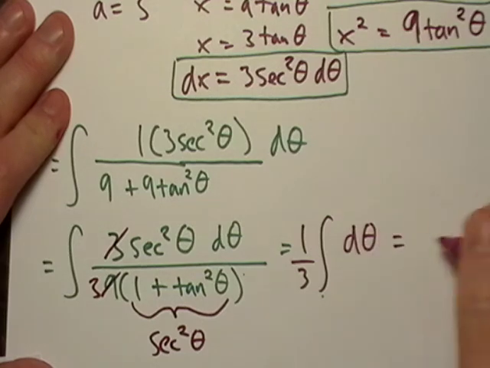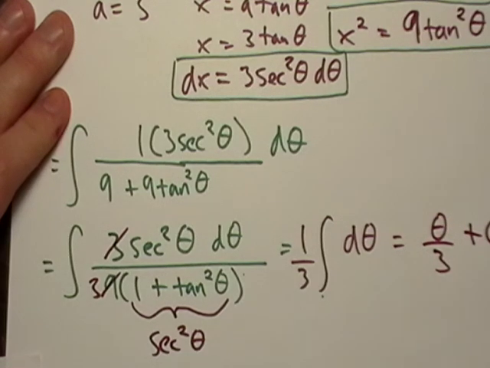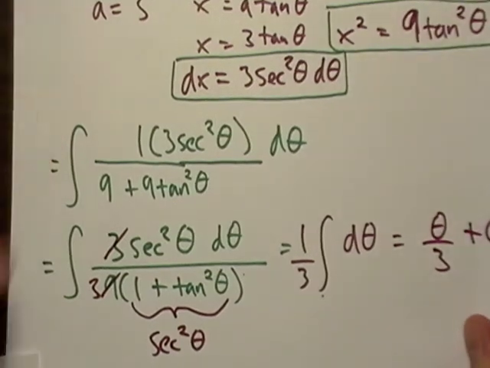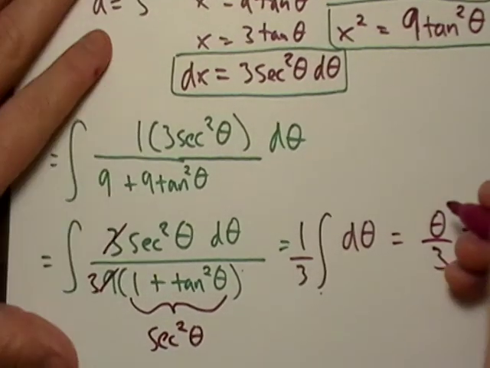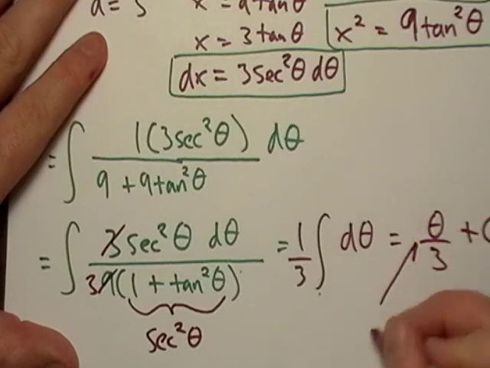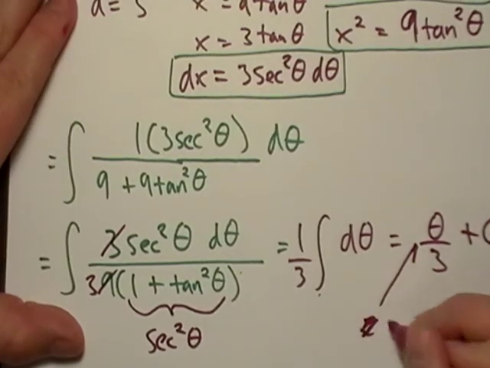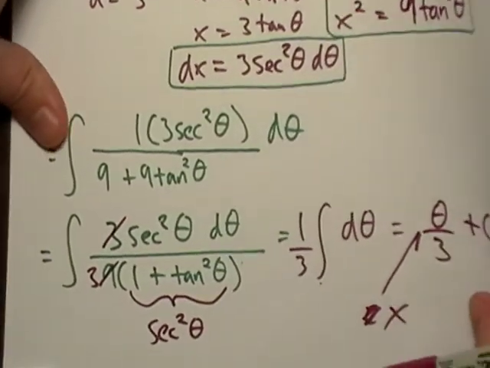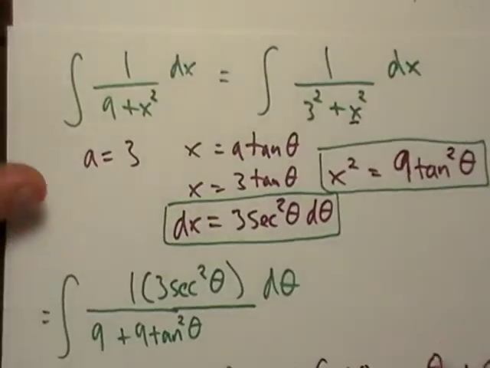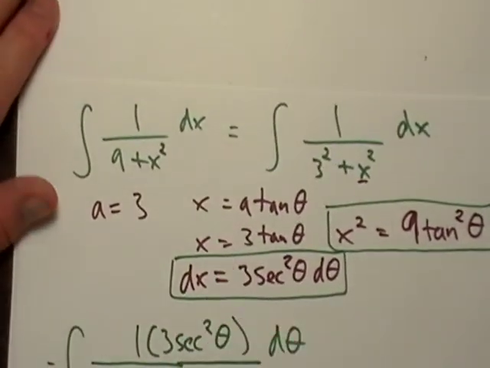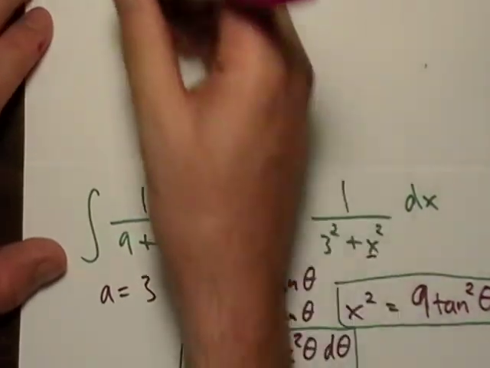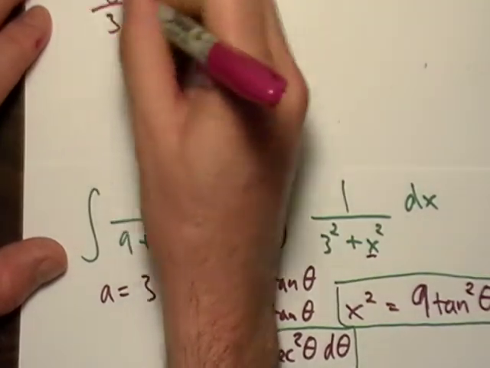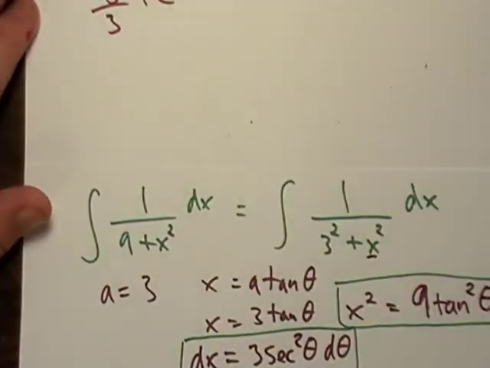So it looks like our answer is theta over 3 plus c. Now comes the part where we have to put this back in terms of x. We're going to need a couple pieces of information. First of all, we need that theta over 3 being our general antiderivative.